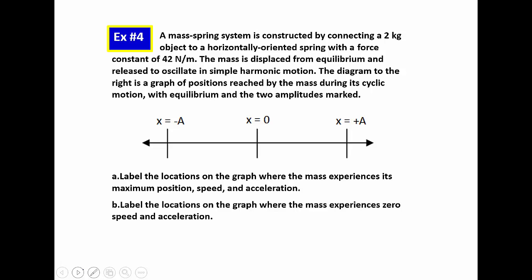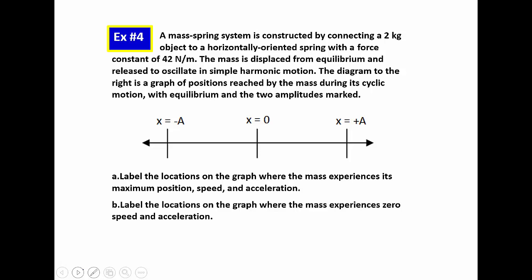Take a moment, maybe pause the video, and label the locations on the graph where the mass experiences its maximum position, speed, and acceleration, and then label the locations where the mass experiences 0 speed and 0 acceleration.